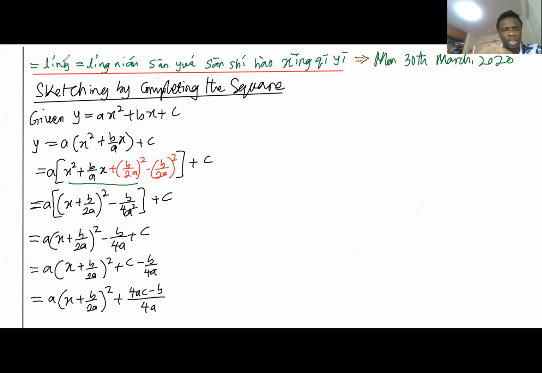So we have noticed that upon completing this, when this bracket is equal to 0, then we have our minimum.